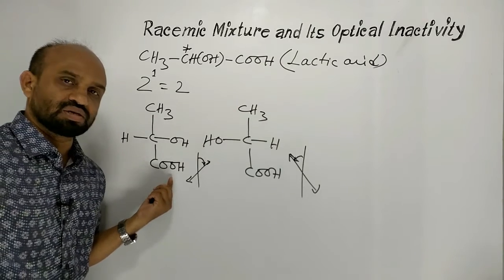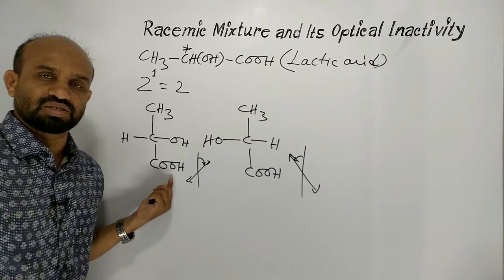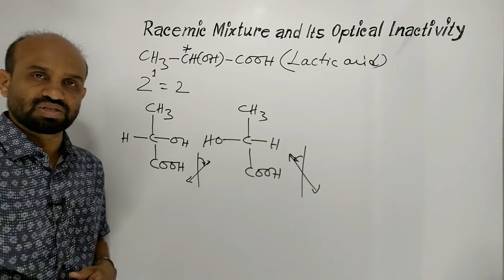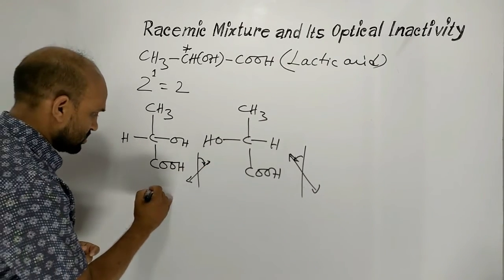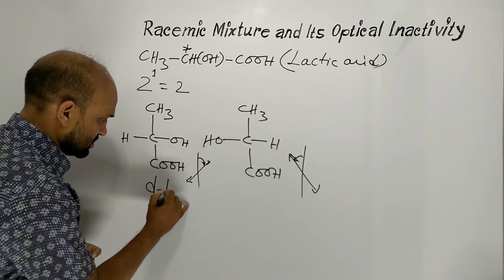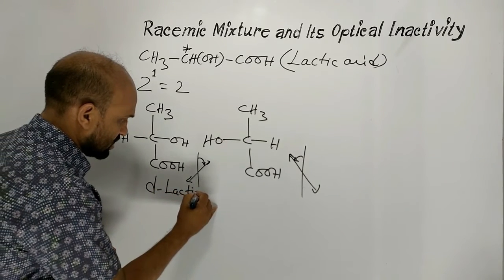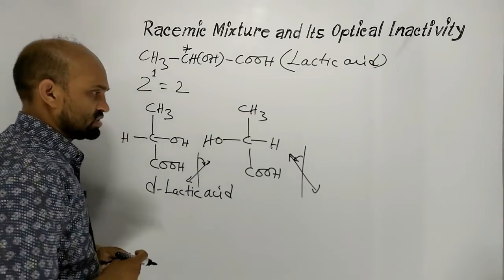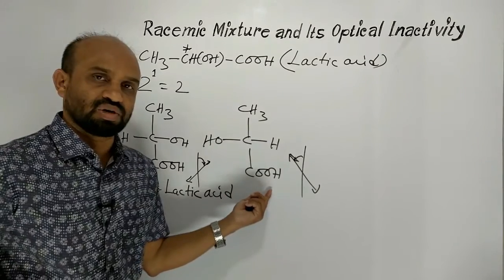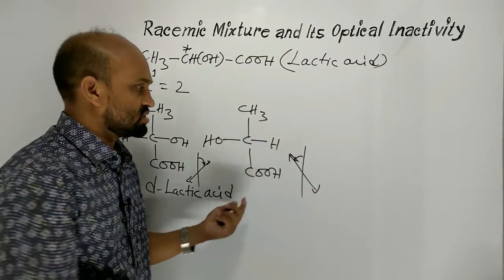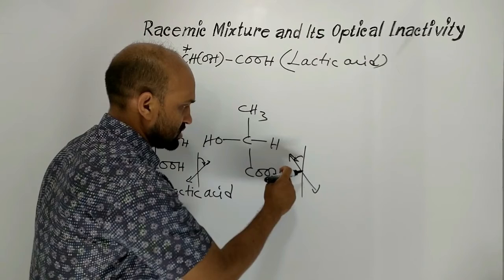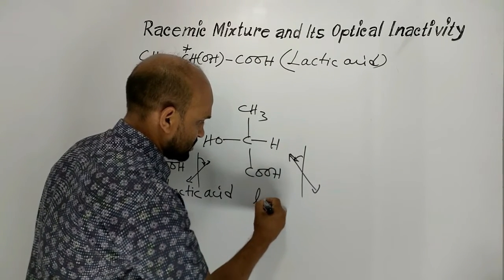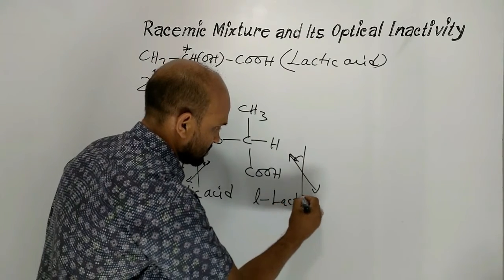The isomer that rotates the plane of the polarized light towards right, clockwise, is called D-lactic acid or D isomer. And the isomer that rotates it towards left, anti-clockwise, is called L isomer, L-lactic acid.